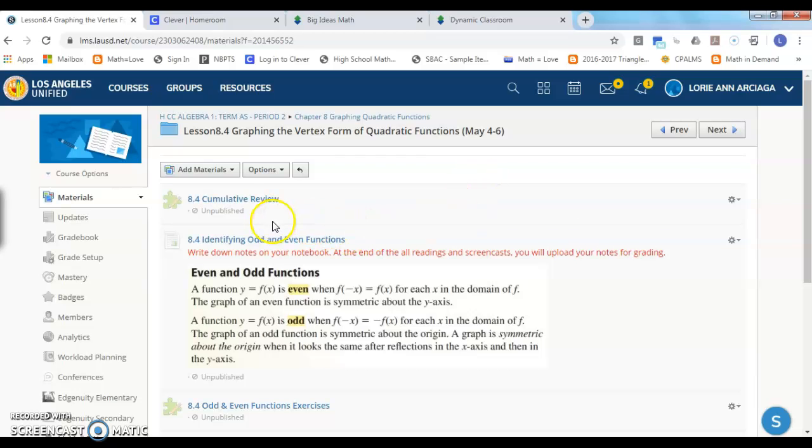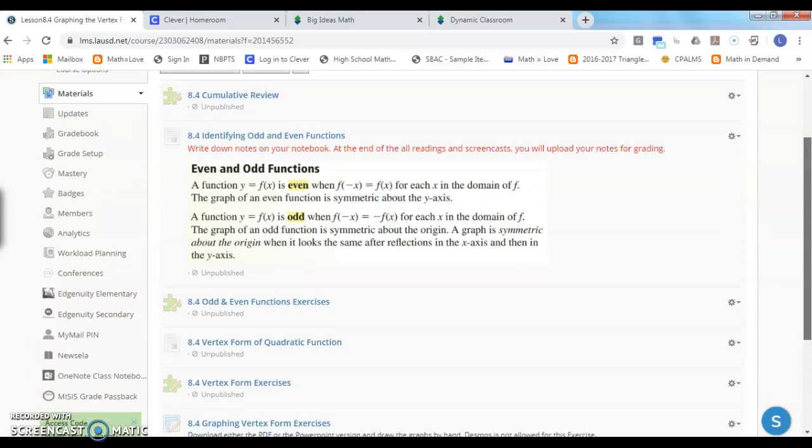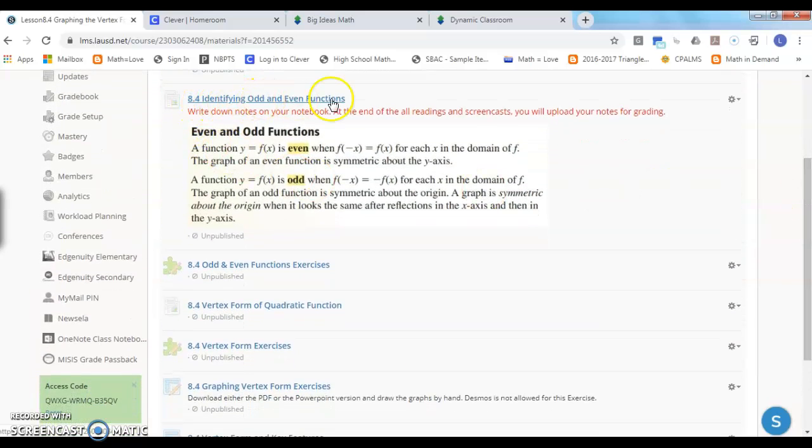So to begin with, you always have that cumulative review in the beginning of each folder. And the two main topics for these folders are identifying odd and even functions and how to graph a vertex form of quadratic function.